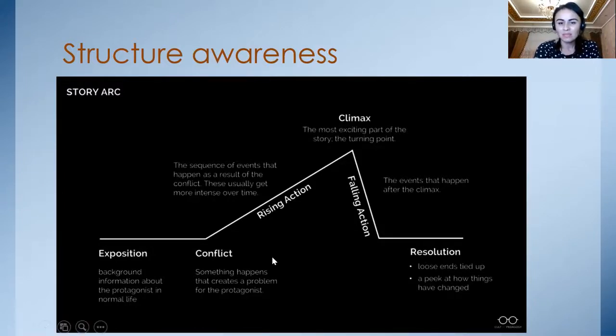So, keep this structure in mind when writing a narrative. You should begin, set a stage, create conflict, then you have to come up with a high point, which is the central turning point of your story, where your message is clearly delivered.